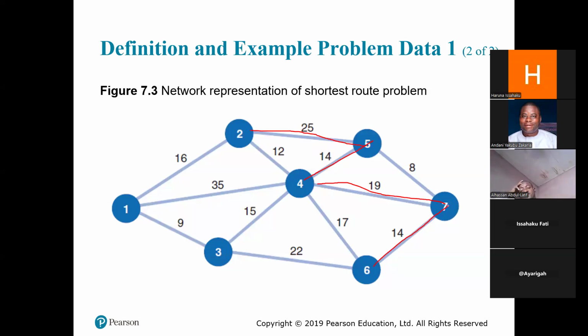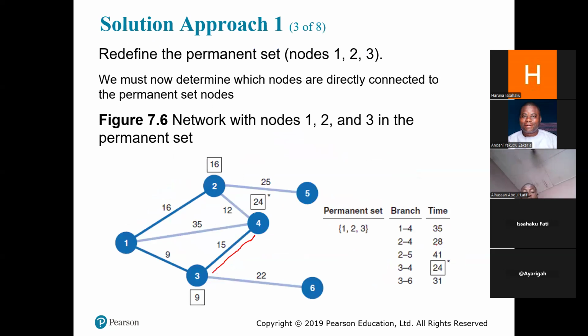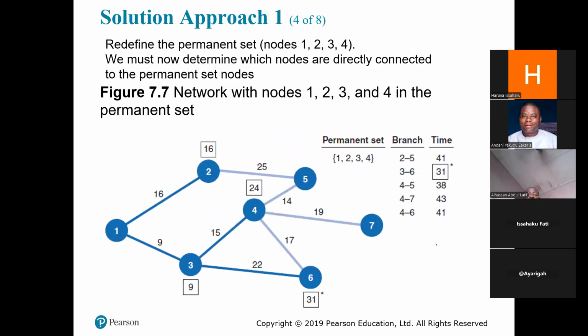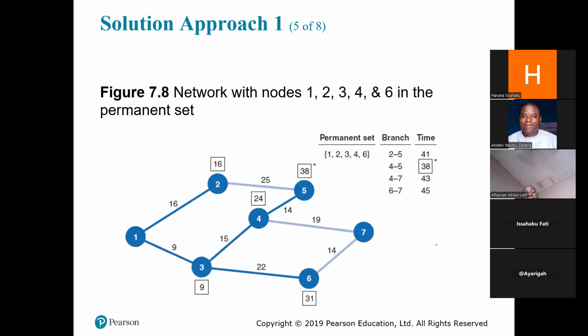So what we need to do is to find among these which one has the shortest time, those that lead to the connection of the unconnected points, which are 5 and 7. So it's the same analytical framework that we use.